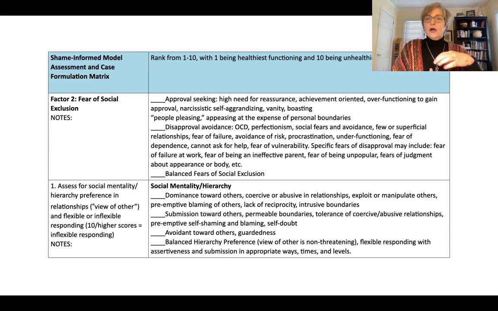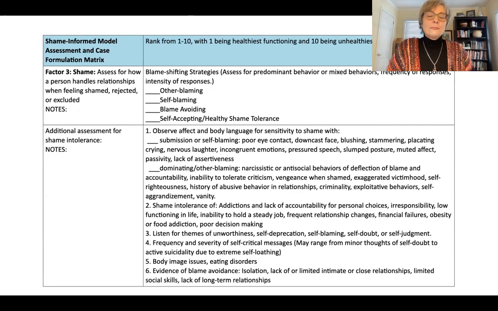And that's exactly the relationship an other blamer wants. It wants a passive, submissive self-blamer to avoid sending shame and blame to the other blamer. Or we could have a rigid submissive response to others: poor boundaries, tolerance of abuse, self-blaming, self-shaming, and self-doubt, or avoidance of others. And again, flexible responding is what we really want.